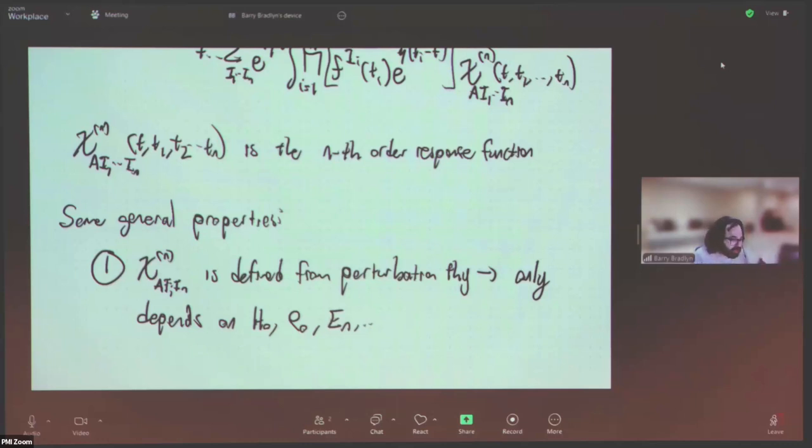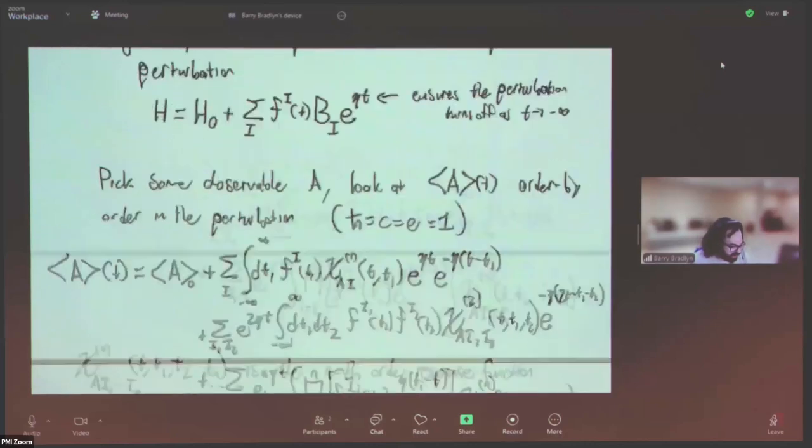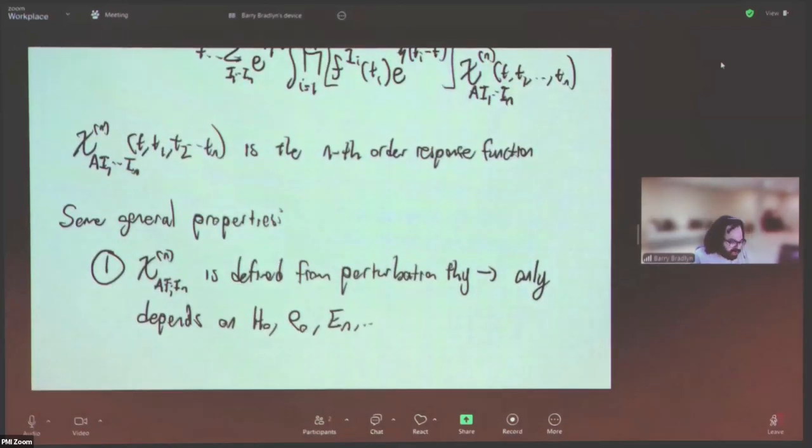Because we can do an experiment, measure these functions, and learn something about our system in equilibrium.